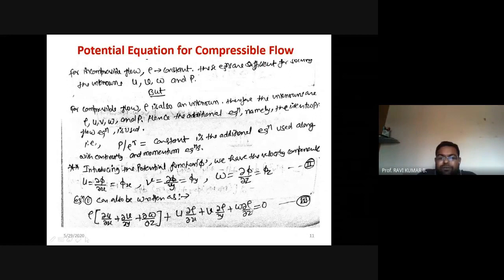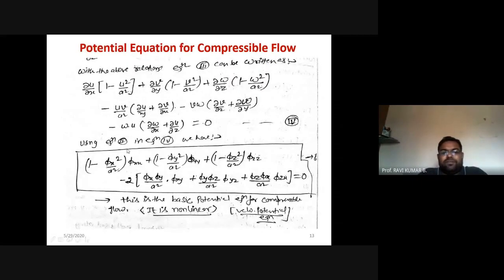If I substitute the value of these 3 parameters in equation number 3, I will get a relationship which will be accounting for the pressure gradient along x, y, z direction, as well as the velocity gradient along x, y, z direction. So after substituting all these values, I will get a very simple equation which is here.